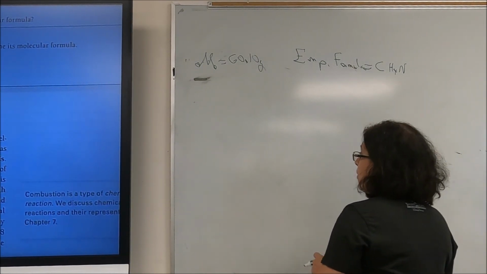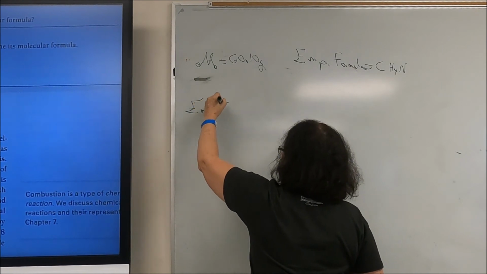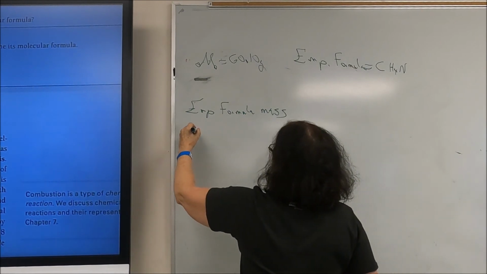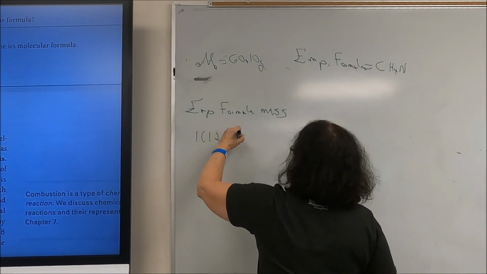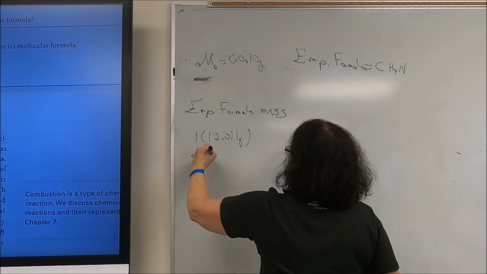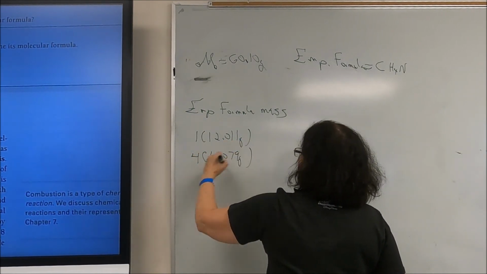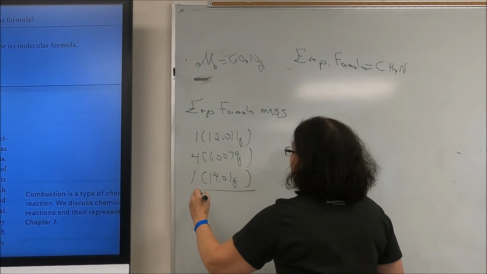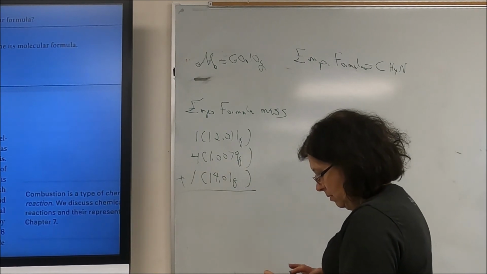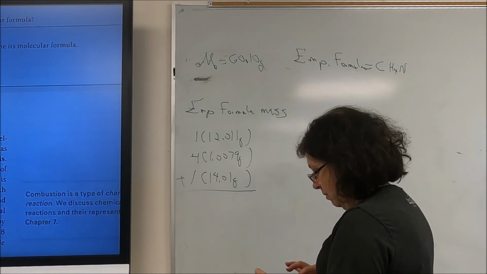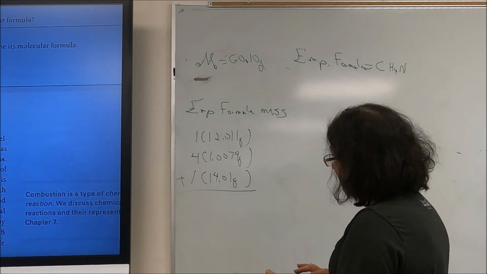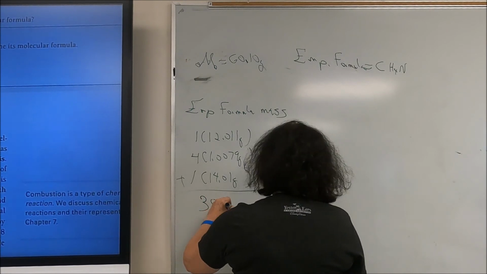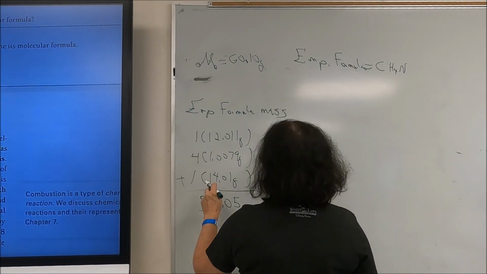Now let's get our empirical formula mass. So I'm going to go 1 times 12.011 grams plus 4 times 1.0079 grams plus 1 times 14.01 grams. Add all that up. And that gives us 30.05 grams.